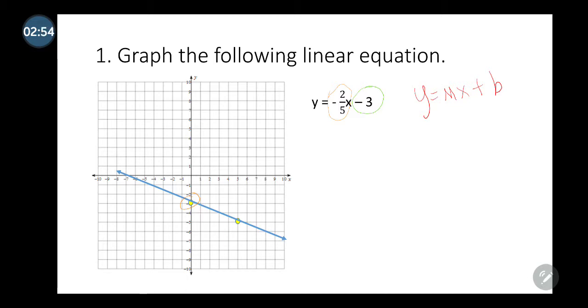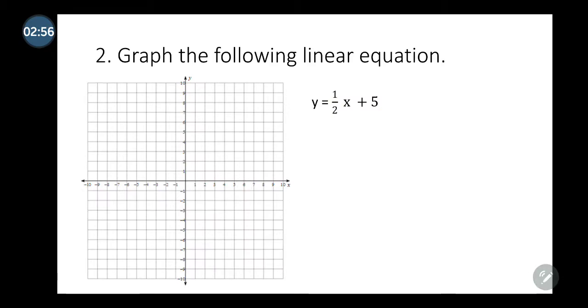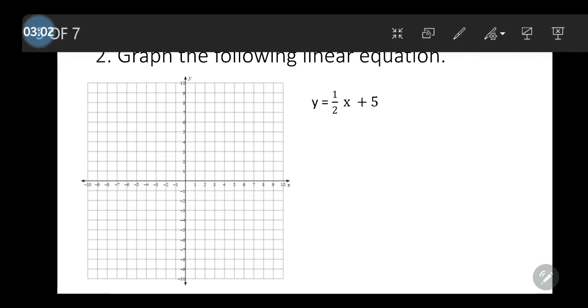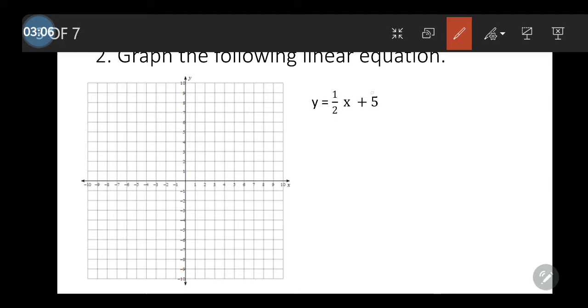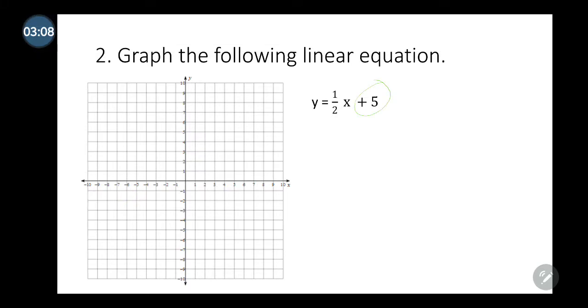Okay, let's go to number 2. Y equals 1/2 x plus 5. Once again, what is our y-intercept in this problem? Plus 5. So I'm going to put a point on the y-axis at 5.